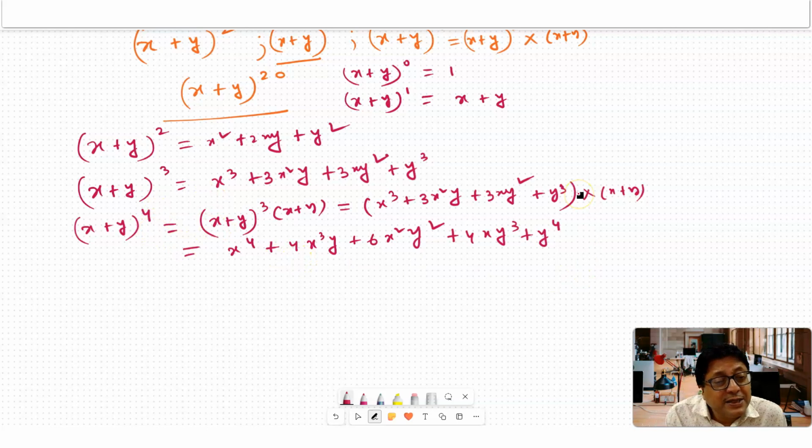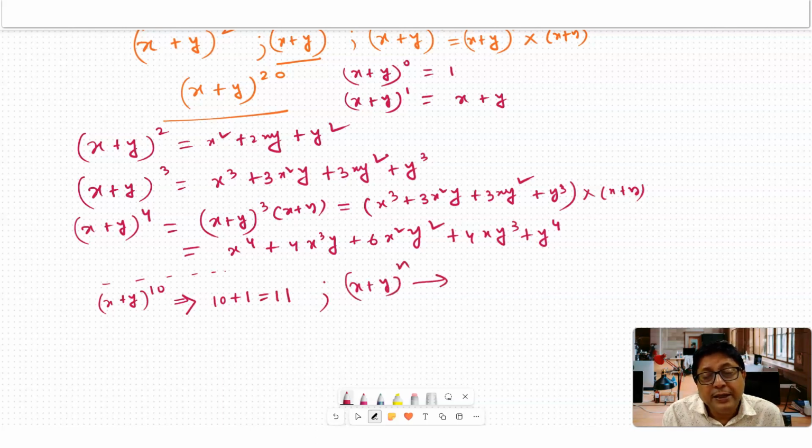If we continue in this manner, x plus y to the power 10, the number of terms after expansion is expected to be 10 plus 1, that is 11. And if it is x plus y to the power n, the number of terms expected to be n plus 1. All these observations we will keep in our mind.